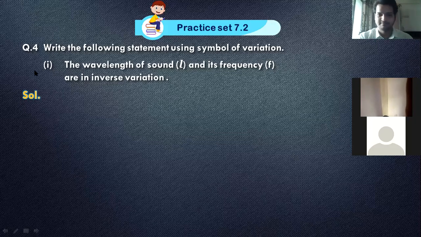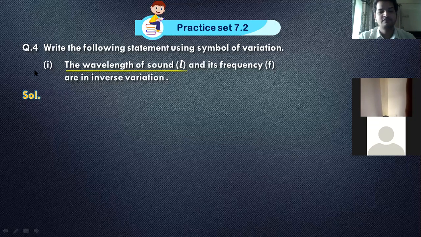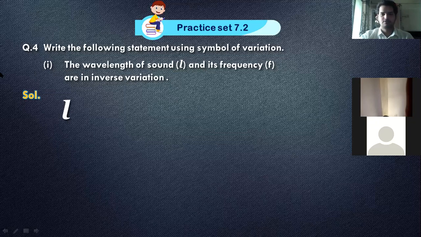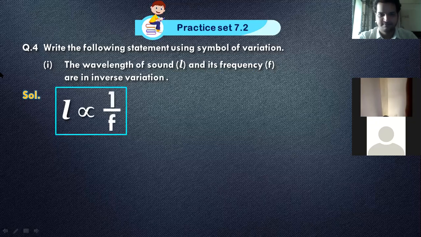They are opposite. And how to write inverse? 1 upon. So the wavelength of sound L is inversely proportional to whom? To the frequency. So that would be 1 upon F, with the sign of variation. One of the easy kind of question, right? Fantastic. Now, let us go to the next part.